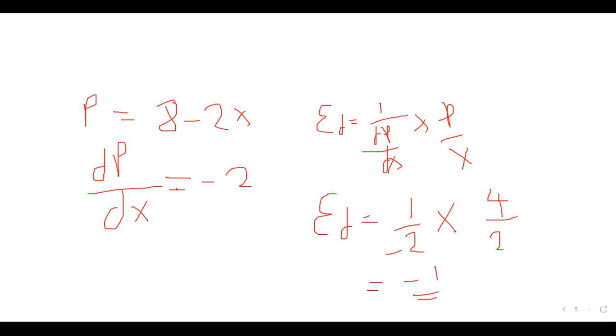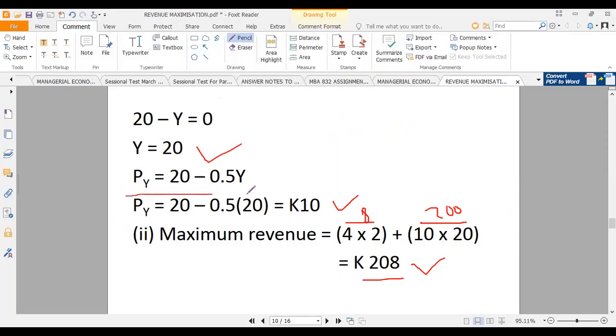So with the formula that I've just mentioned, I want you to find the elasticity that maximizes revenue for good Y. What is the elasticity that maximizes revenue for good Y?